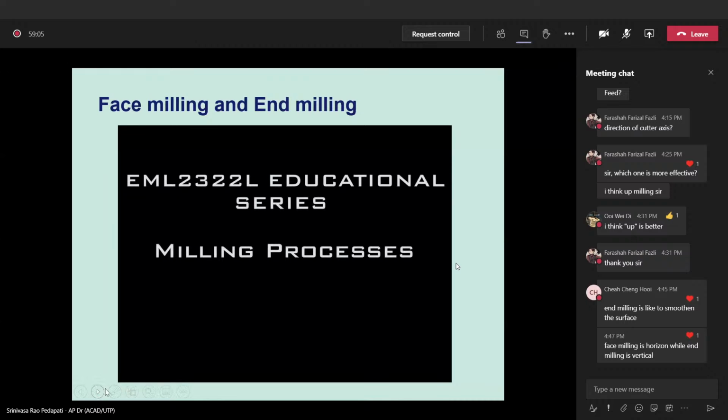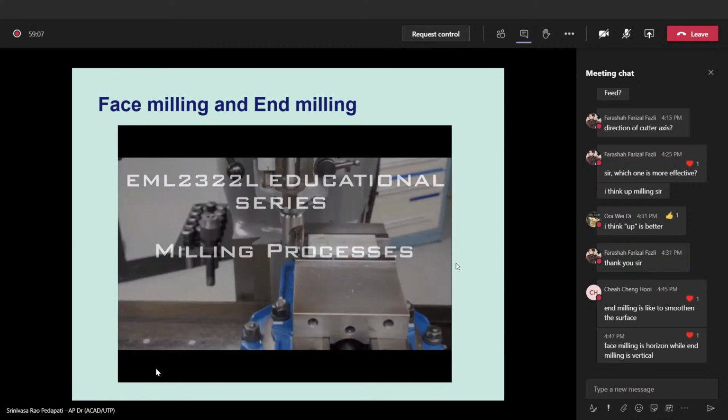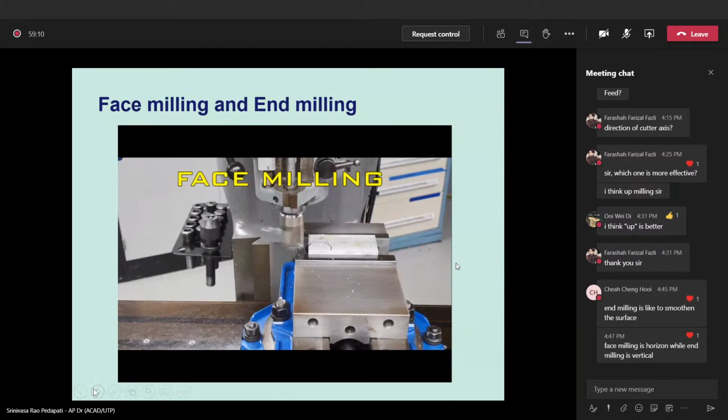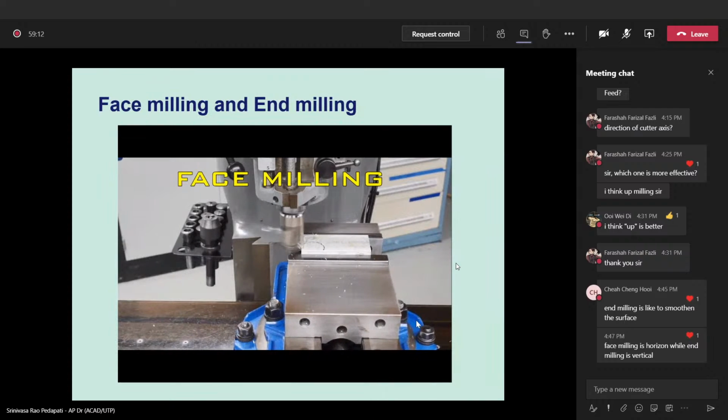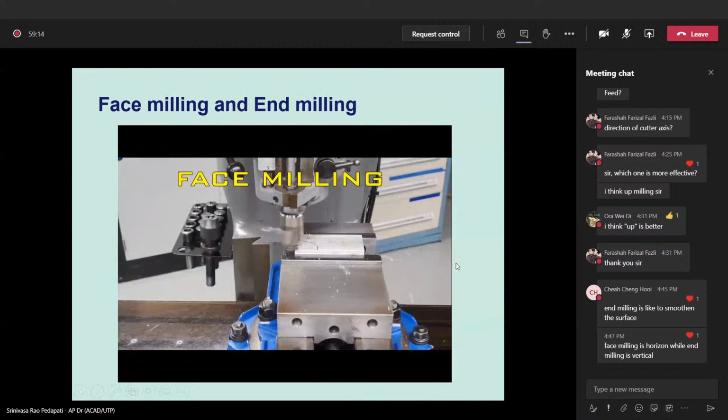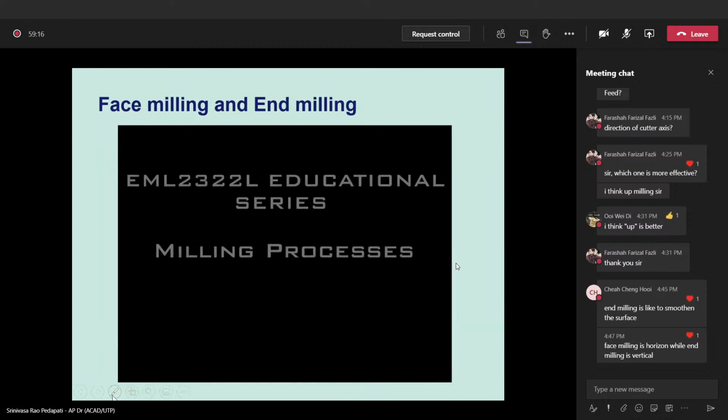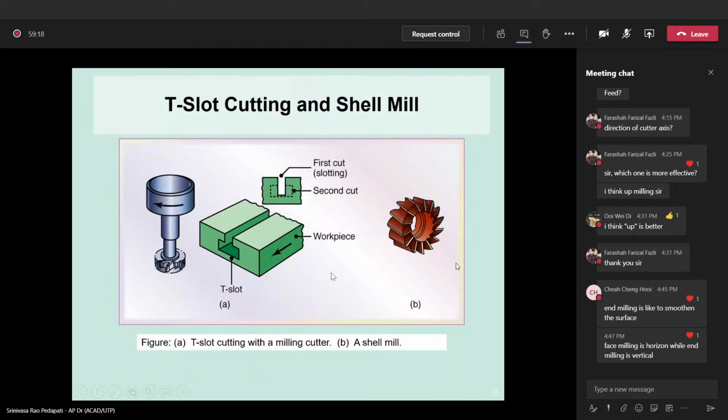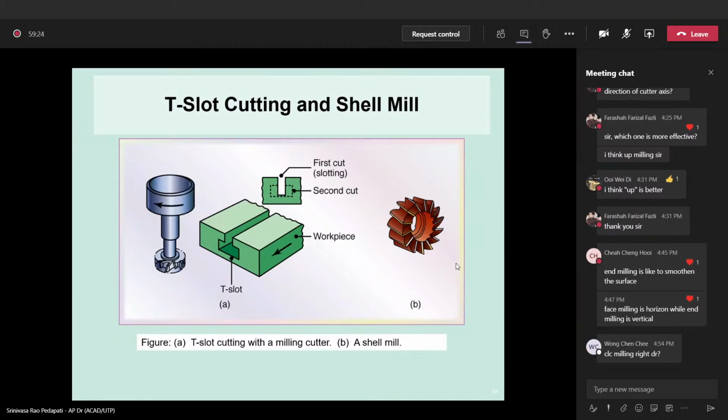So actually, I can show you the tool. That is how it is making the cut in the case of end mill. You can also have another variety called slot cutting.